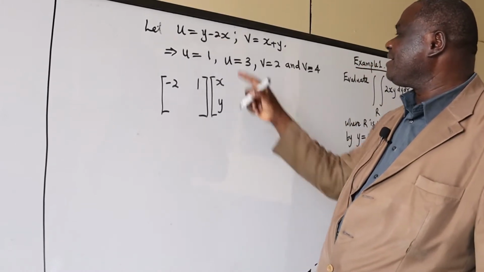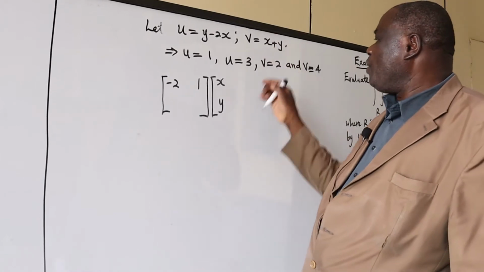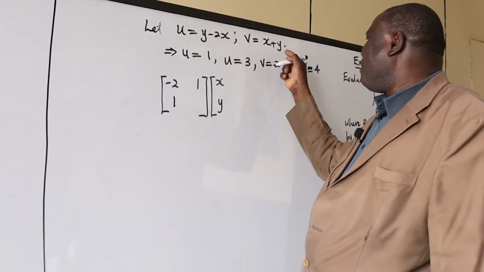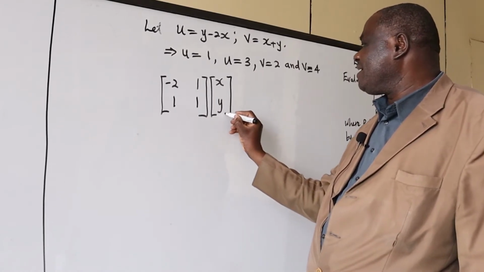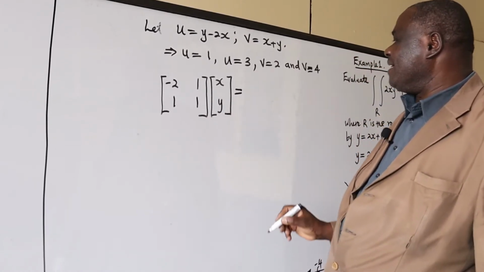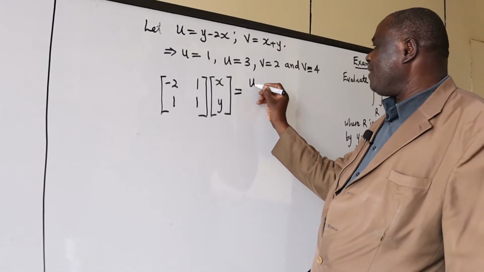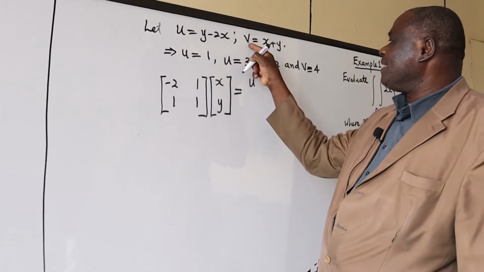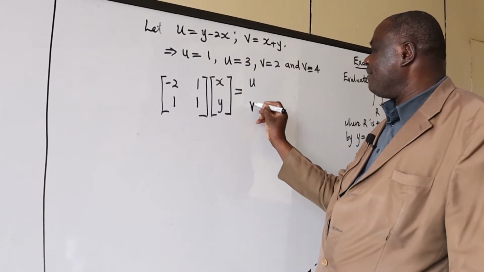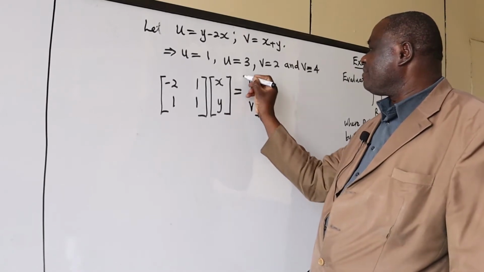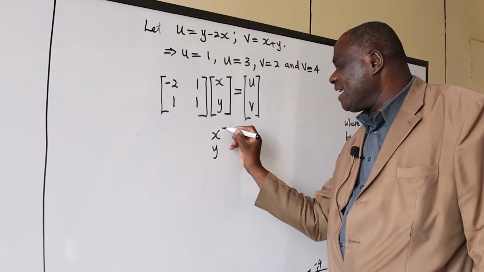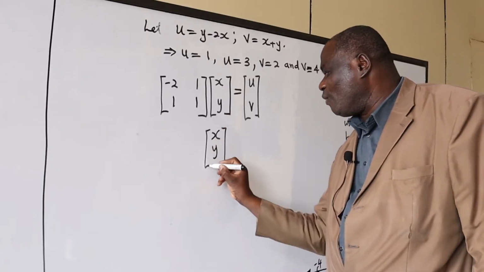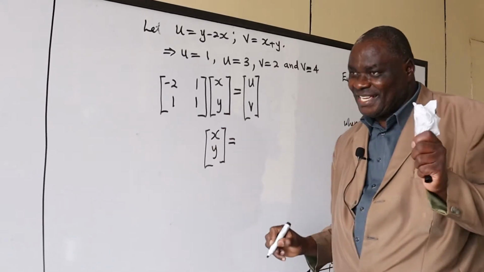This is for this. And here we have minus 2x plus y, and 1x plus 1y gives us what? The first one is giving us our u. The second one is giving us our v. So from this we can get x and y in terms of u and v.